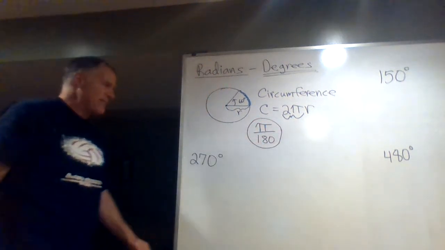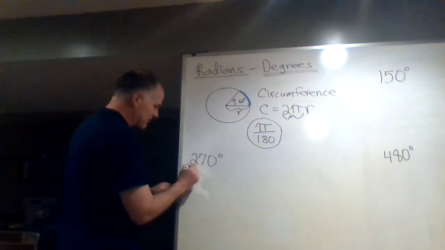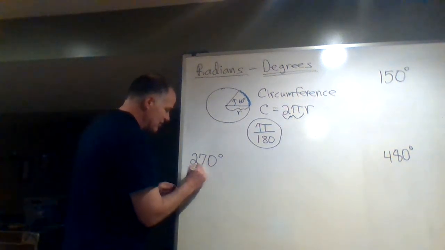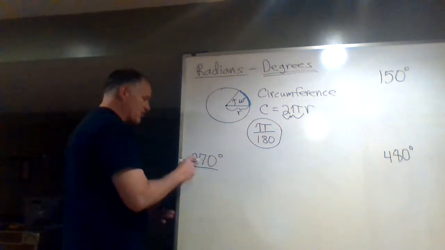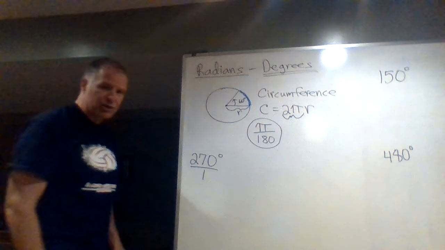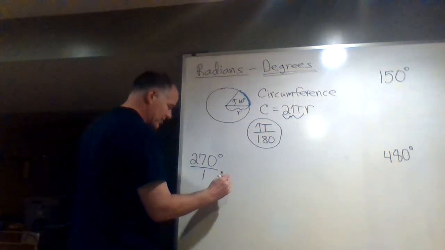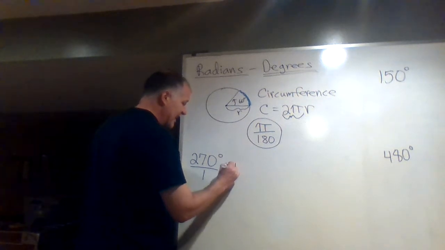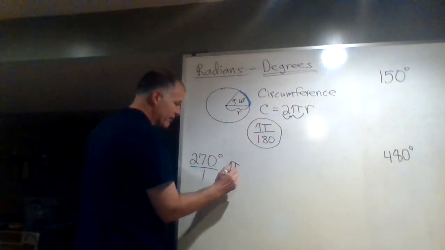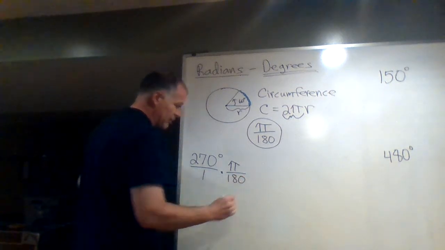That is the conversion right there. You multiply by pi over 180. What does that mean? I'm going to take 270 and make it into a fraction. Remember, any number can be put into a fraction over 1, so I'm going to put 270 over 1. And pi over 180 is the conversion formula.